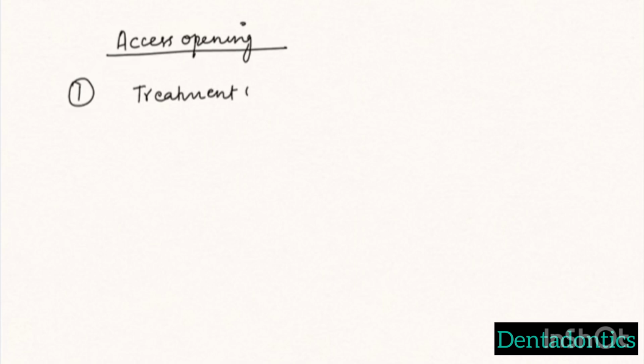During access opening, different types of emergency conditions can occur. First is treatment of the wrong tooth. If the diagnosis is not proper and if the clinician is not skilled enough to diagnose the correct tooth, then in those cases they may treat the wrong tooth.